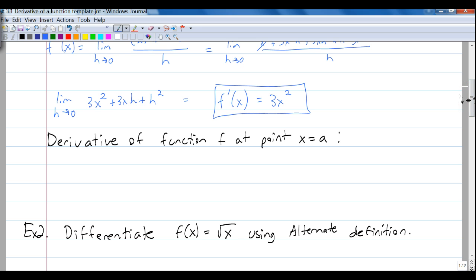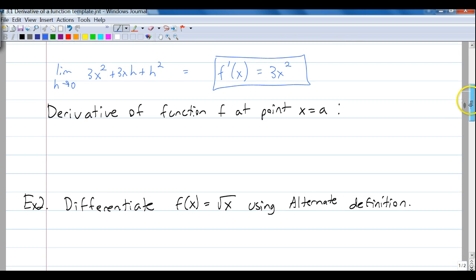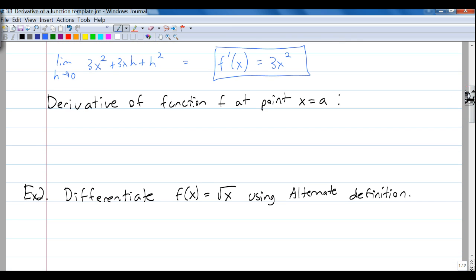However, there is an alternate method of finding a derivative at a point. We kind of did this, but we kind of didn't. It's basically your slope equation, okay? Except we usually use that with 2 points, but now we're doing it as the limit as the 2 points become 1. So the new alternate definition of derivative that we can use, I want to know the derivative at a point.